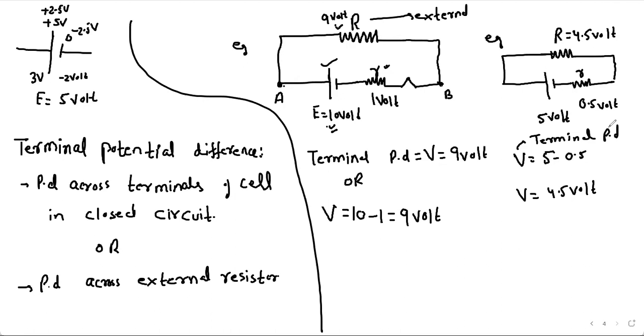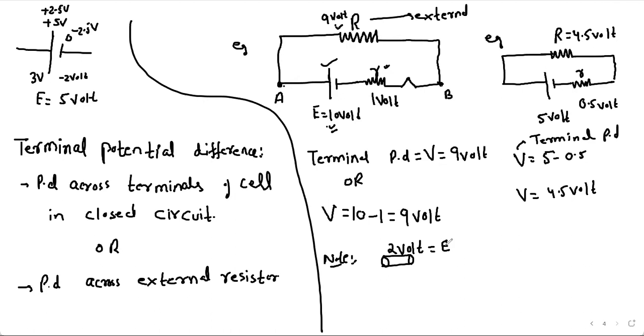In real life, what do we mean by terminal potential difference? Listen, in real life, if you bought a pencil cell from a shop, and this pencil cell is, let's say, 2 volt, then this 2 volt is the EMF of the pencil cell.